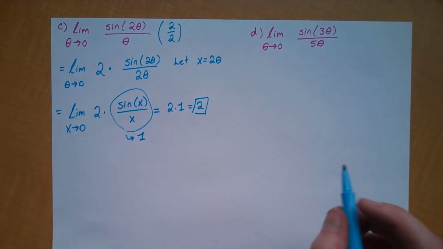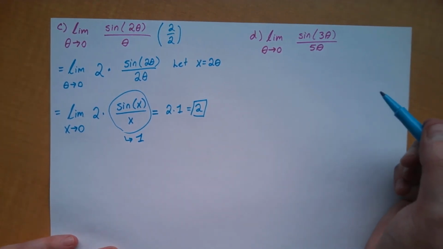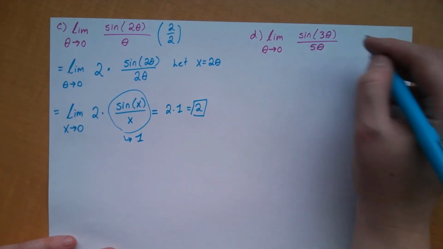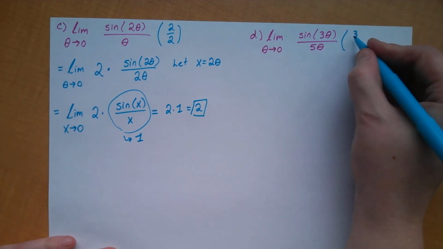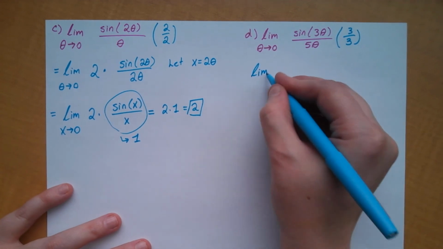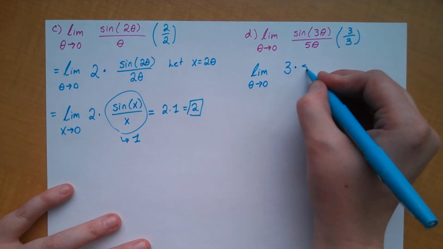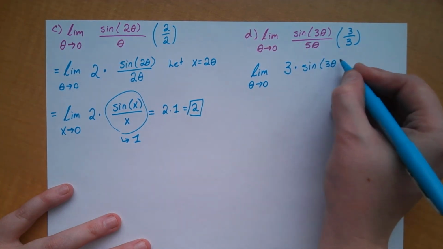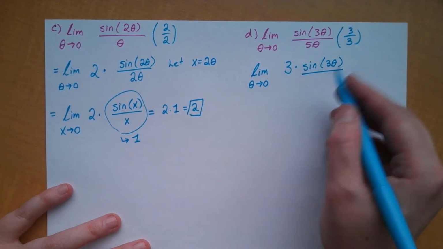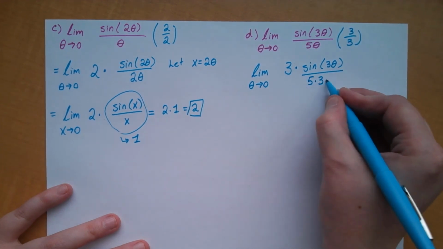Not too bad. If we look at this one, go ahead, try it on your own, pause the video. Alright, so what we want is for the bottom to look the same as the top. So I'm going to multiply this by 3 over 3. When I do that, I'm going to have the limit as theta approaches 0 of 3 times sine of 3 theta divided by 5 times theta times 3, which gives me 5 times 3 times theta.